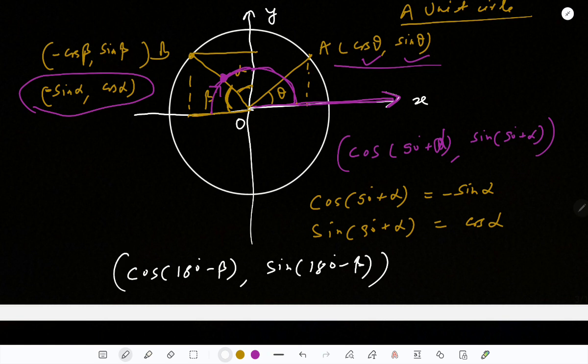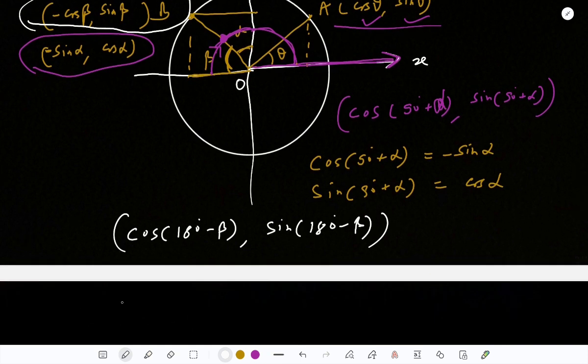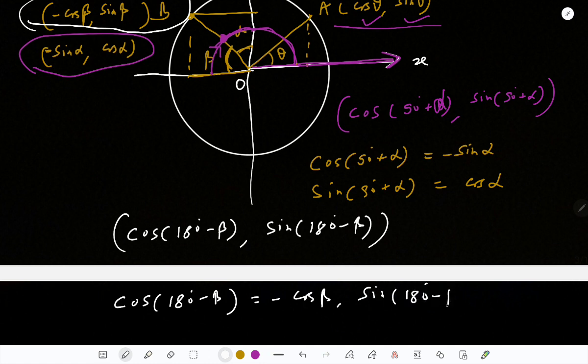Yeah. And if you compare these results with this beta thing, you could have understood that cos 180 minus beta must be minus cos beta, and sine 180 minus beta must be equal to sine beta.